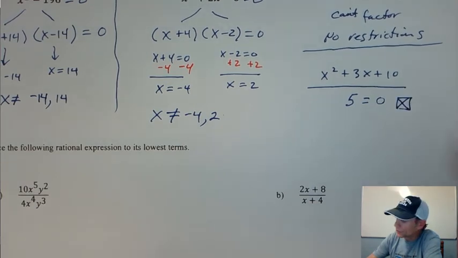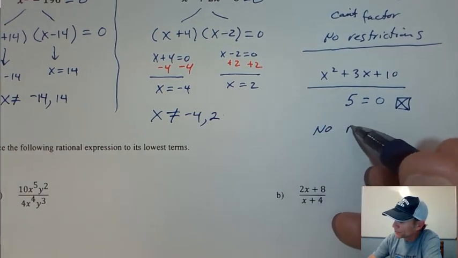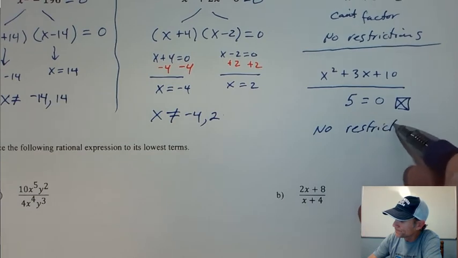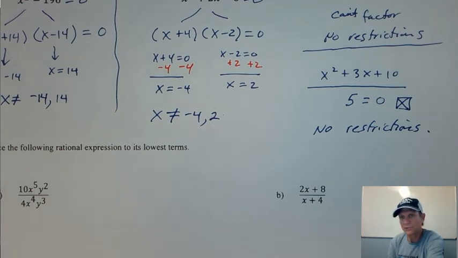It's a contradiction, so you can't even solve that. So in that case, we would also say no restrictions. So remember, just set the denominator equal to 0 and solve, and that will find you the values that x cannot be. All right. Thanks a lot. We'll look at some simplifying rational expressions next.